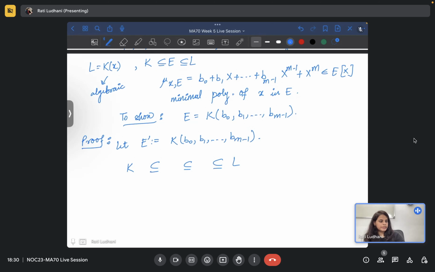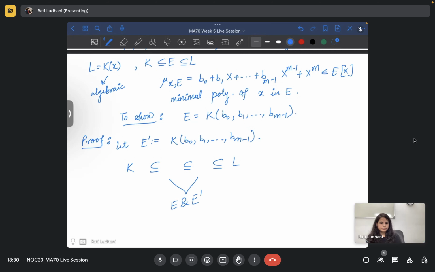I want to write E and E dash at these places. Where should I write them? What containment is obvious? E is contained in E dash.